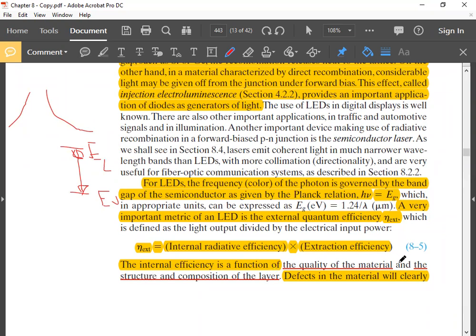So if the material is pure, if it's defect free, then internal efficiency will be larger. But if the material is defective, the internal efficiency will be smaller, because if there are defects in the material, again there are trap levels or defect levels within the forbidden gap, and those trap levels or defect levels, if you remember, trap carriers when the carriers want to recombine.